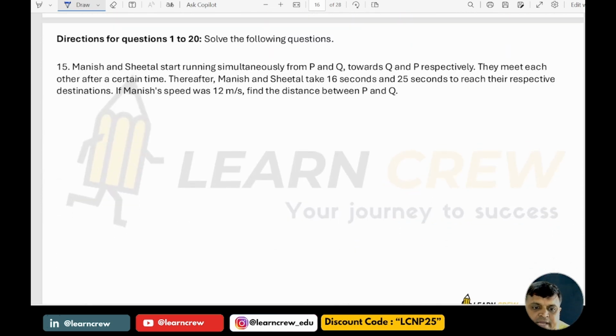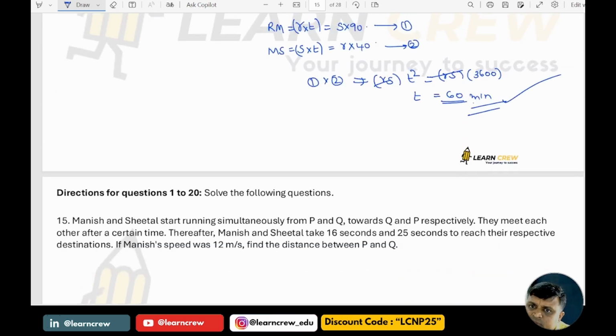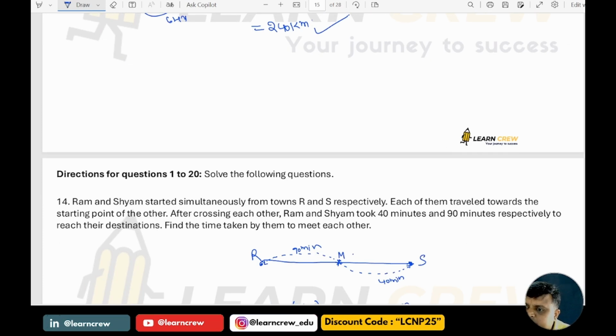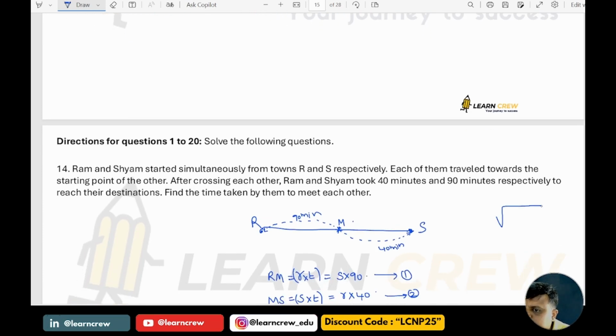Next, Manish and Sheetal start running simultaneously from P and Q towards Q and P respectively. They meet each other after a certain time. The same thing here. After how much time they are meeting, directly you can apply a shortcut here.